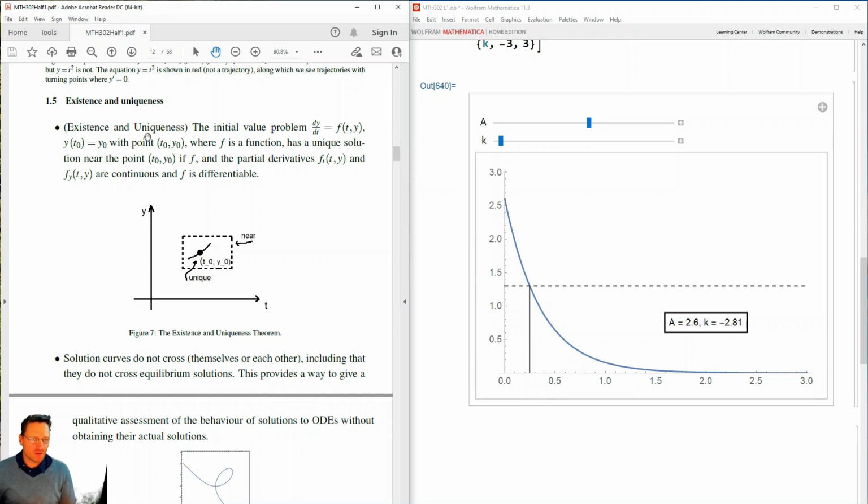Okay, so the initial value problem with point t0, y0, where f is a function, has a unique solution near the point t0, y0 if f and the partial derivatives with respect to each of the letters are continuous and f is differentiable. Okay, so continuous means I don't need to lift my pen to draw it. And differentiable means that the derivative exists and is not ambiguous.